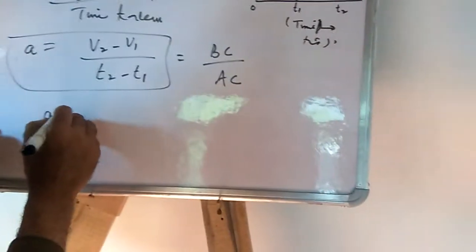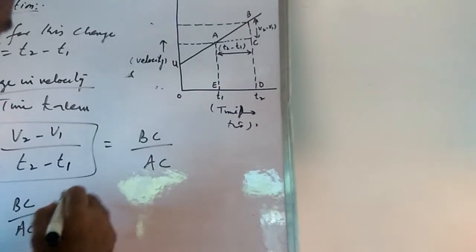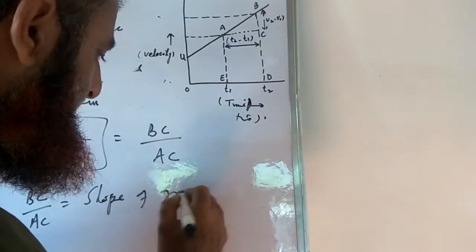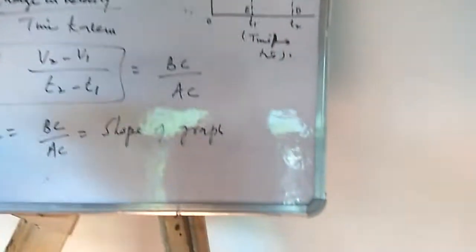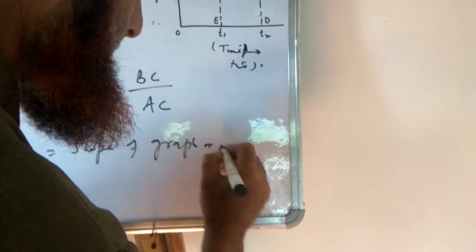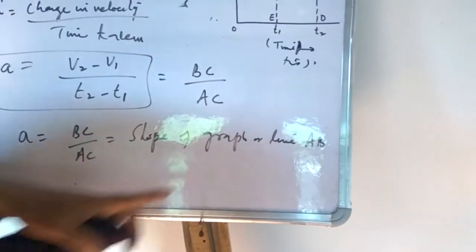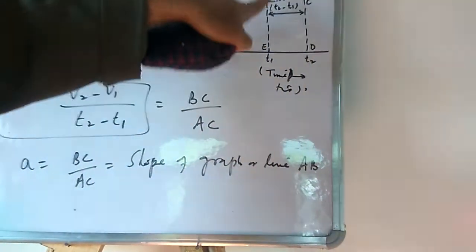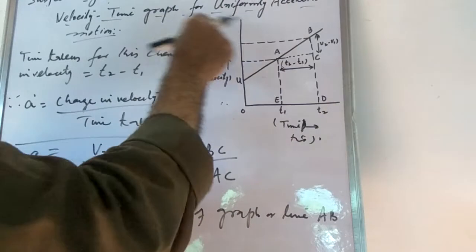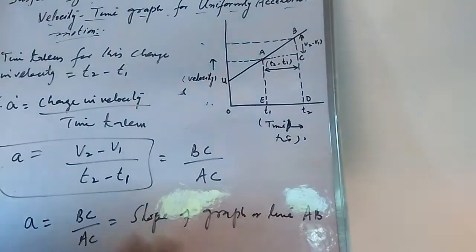So acceleration a is equal to BC divided by AC. What is BC divided by AC? That is known as the slope of the graph or the slope of the line AB. That means the acceleration of the particle moving with uniformly accelerated motion is the slope of the velocity time graph.